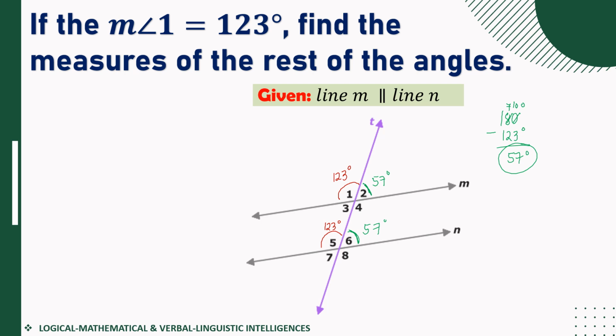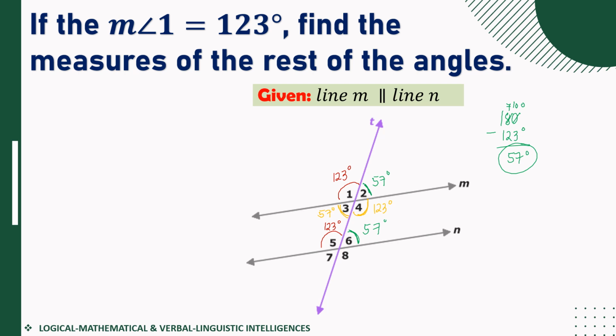So here, I would like to apply the vertical angles. So for angle 1 and angle 4, they should be congruent because they are vertical angles. And for angle 2 and angle 4, they should be congruent also because they are vertical angles.